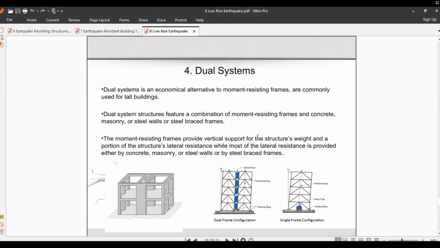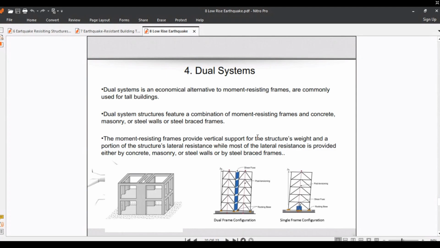The moment resistant frame provides vertical support for the structure's weight and a portion of the structure's lateral resistance, while most of the lateral resistance is provided either by concrete masonry or steel walls or by a steel brace frame. As you can see, these schematic shapes show dual frame configuration and single frame configuration, and you can see delta H as displacement.